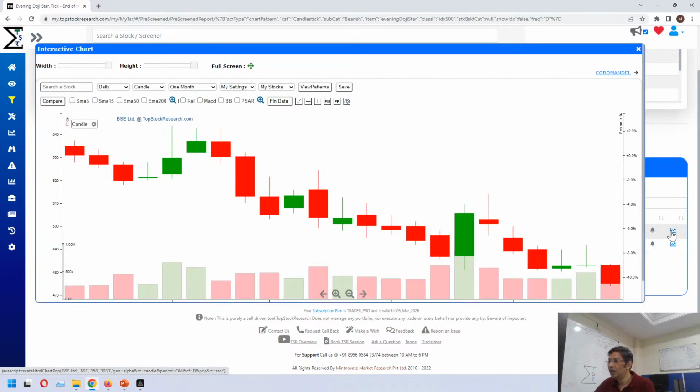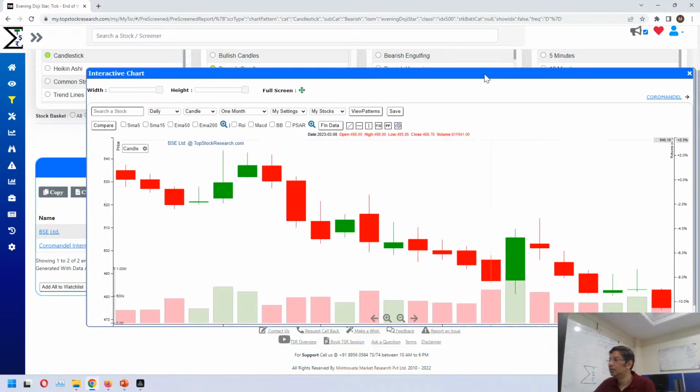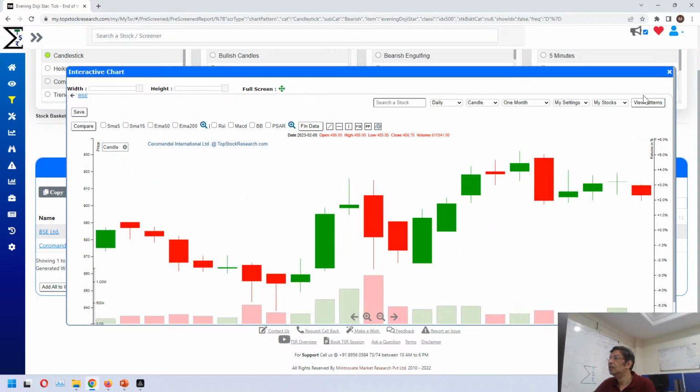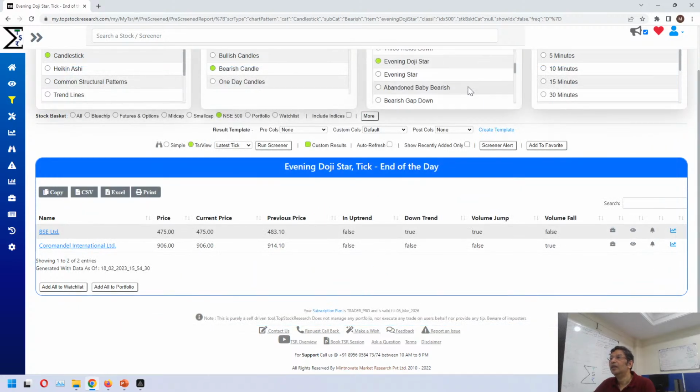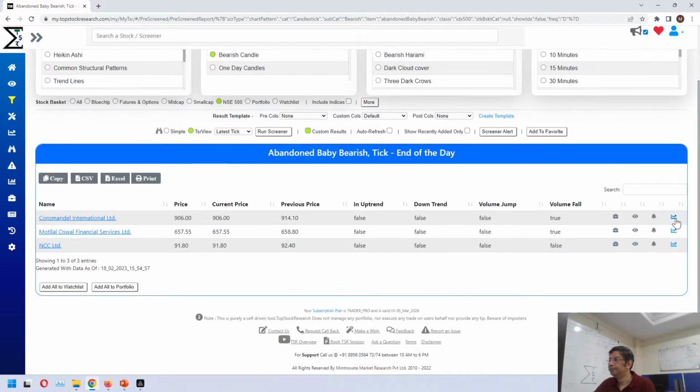You see here, right? Latest. Not a very good one, right? Again, not a great one. Evening star, no. Abandoned baby bearish, okay, right?